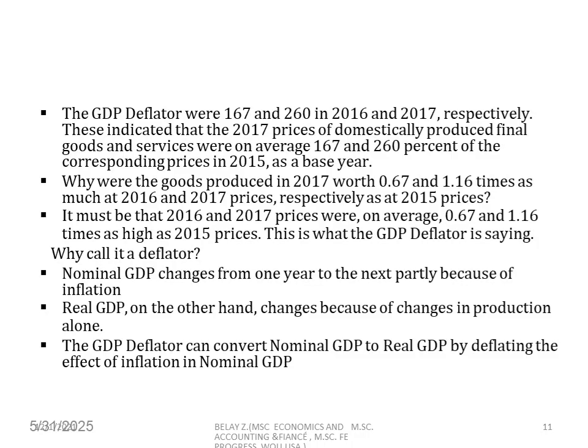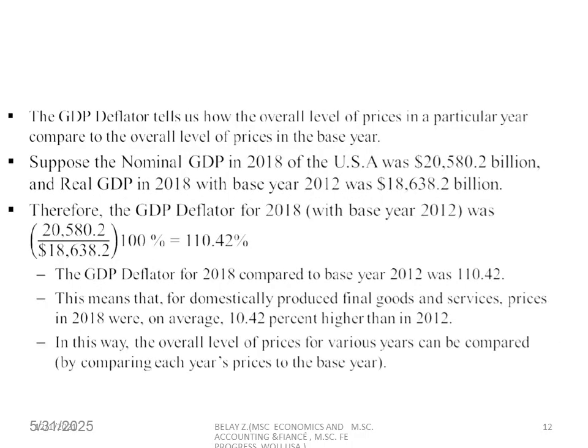For 2016, we can calculate the difference between 2016 and 2015. The GDP deflator tells us how the overall level of price in a particular year compares to the overall level of price in the base year. We can compare with the base year.